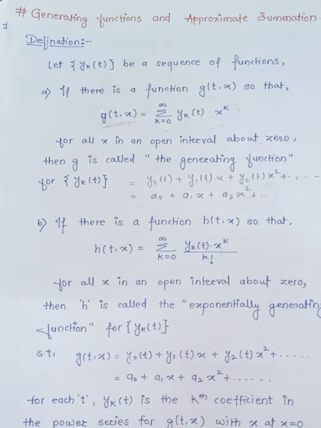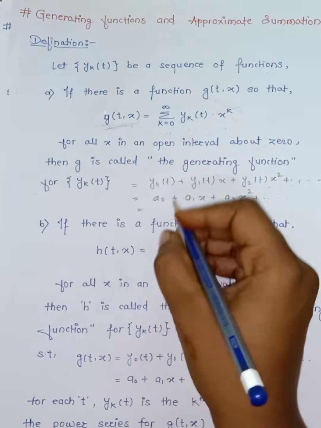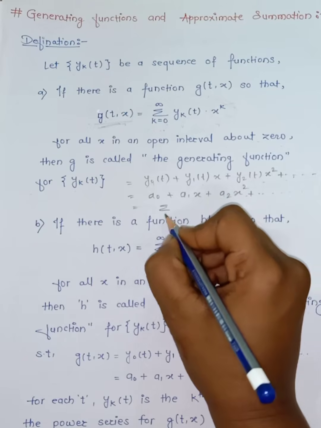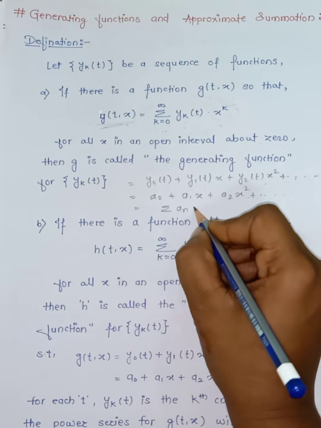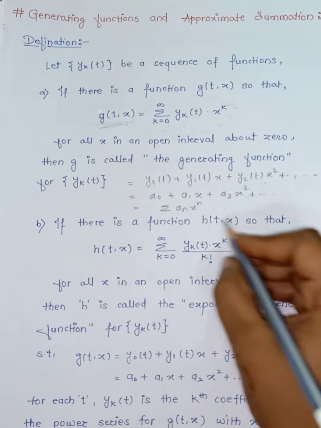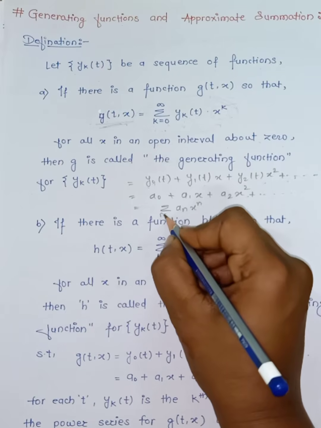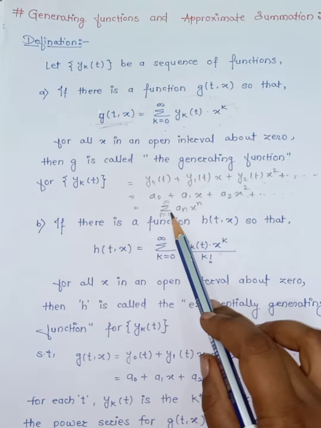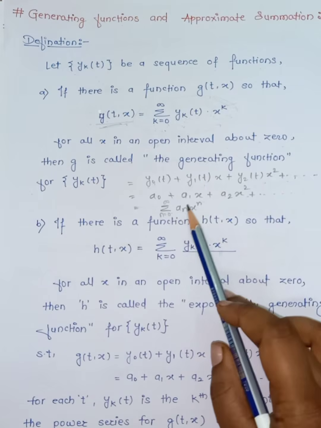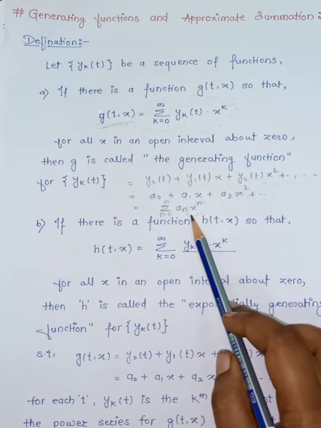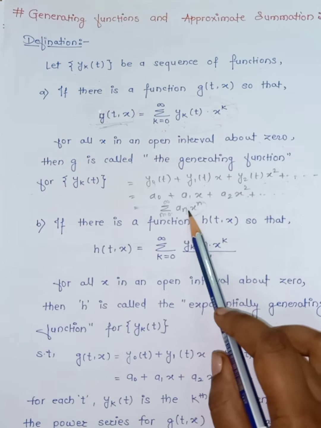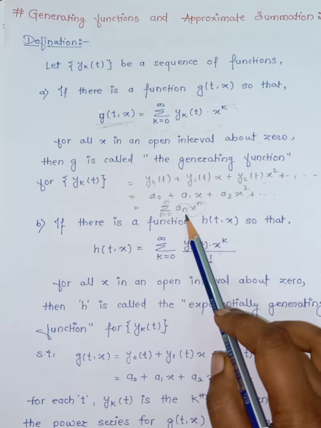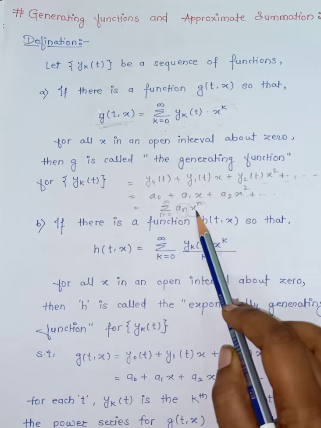Okay, and this can be written as the summation of a_n x to the power n, with n equals 0 to infinity. So this is for the power series around x equals 0, and a_n will be the coefficients of this power series.